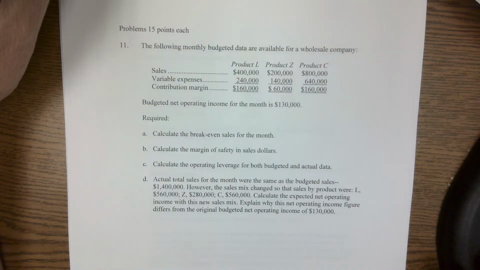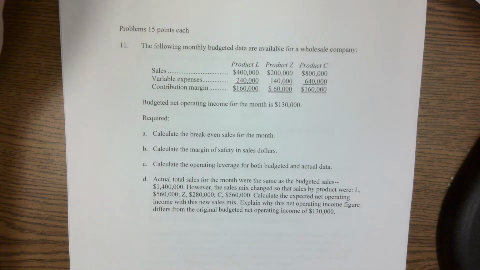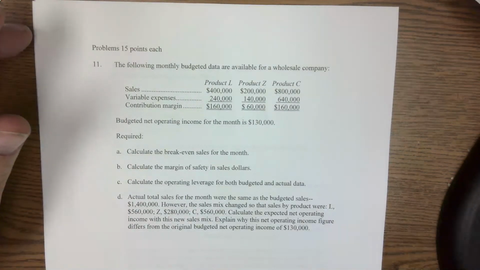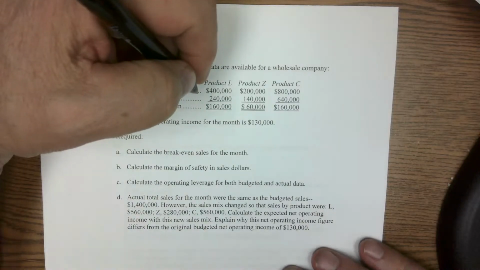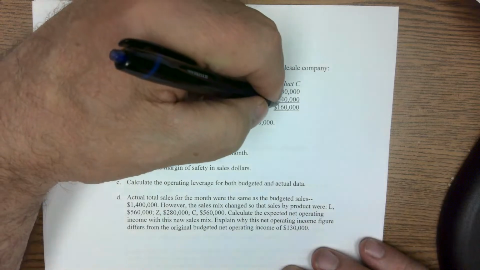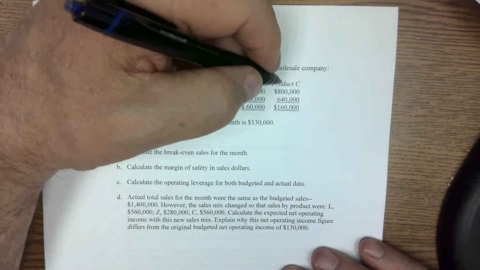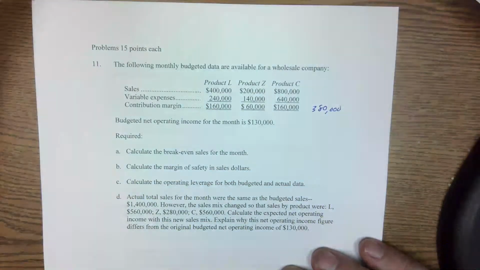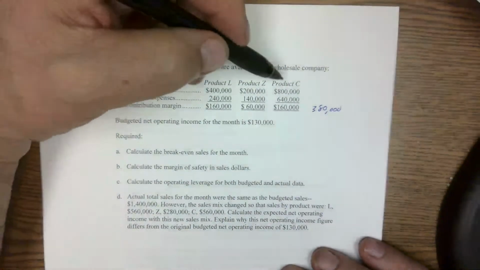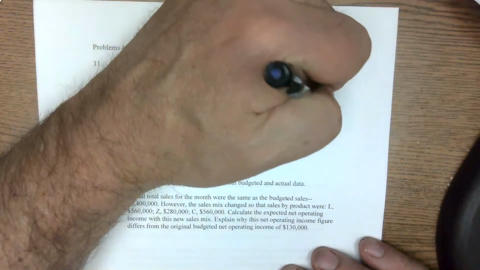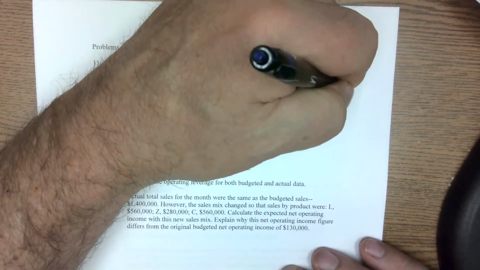sales for the month. Okay, so what we do on this one is we take the total contribution margin. 160 plus 60 is 220, plus 160 is 380. Total sales, 800 plus 200 is 1 million plus 400 is 1,400,000.